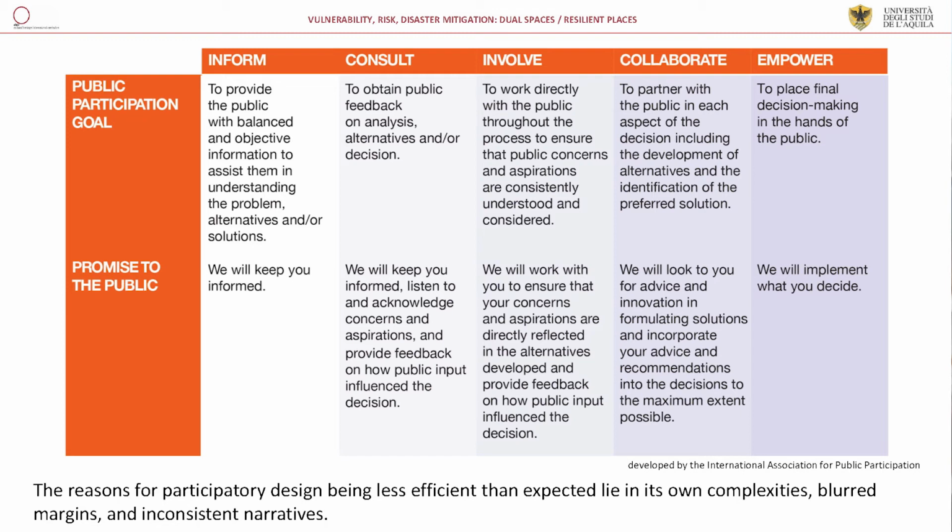And in my opinion, collaboration is common among a specific target of stakeholders. It's not universal collaboration. The last step is to empower. Empower means to place my decision in the hands of the public.